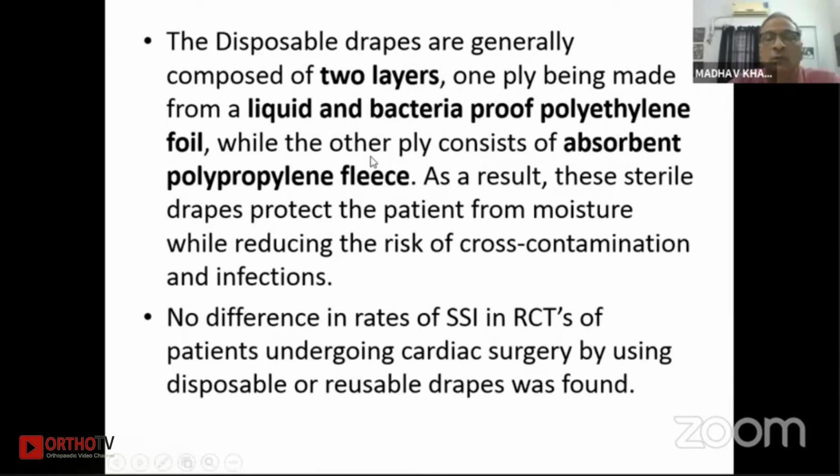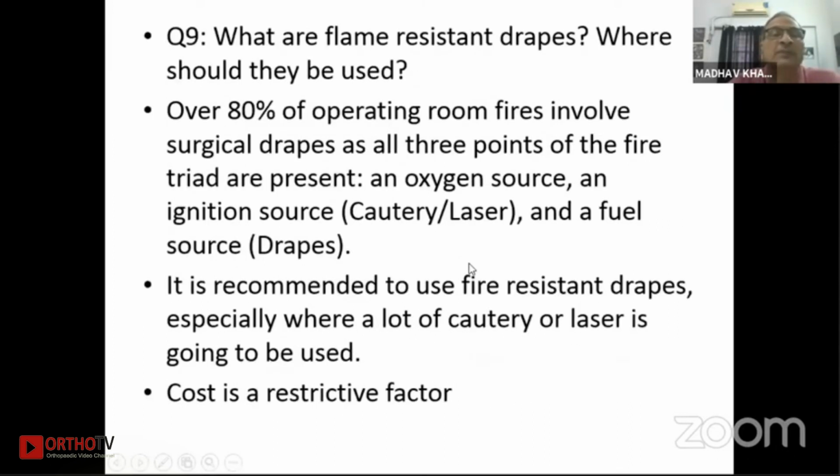Although there are these two types of drapes, the disposable ones are expensive and the reusable ones can be used a number of times, but a number of studies have shown that there is no difference in the rate of surgical site infection whether you are using disposable or reusable drapes.